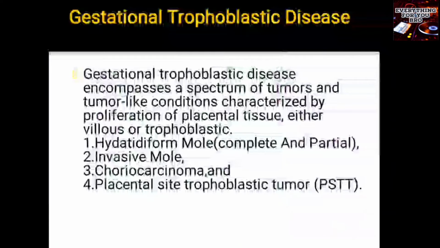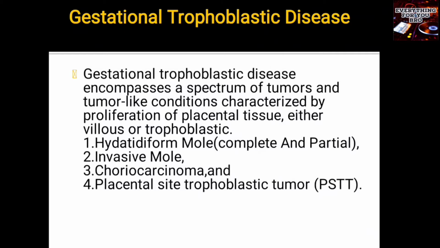So what is GTD? That is gestational trophoblastic diseases. These encompass a spectrum of tumors and tumor-like conditions characterized by proliferation of placental tissue, either villous or trophoblastic. Either there is villous proliferation or the trophoblastic cells are proliferated.